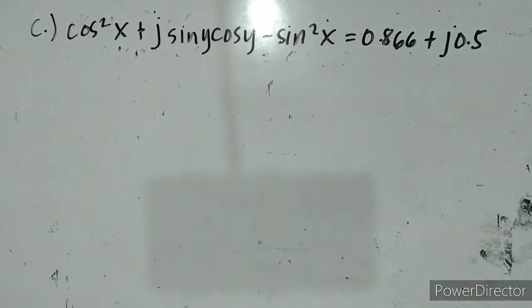Okay, cosine squared x plus j sine y cosine y minus sine squared x equals 0.866 plus j 0.5.